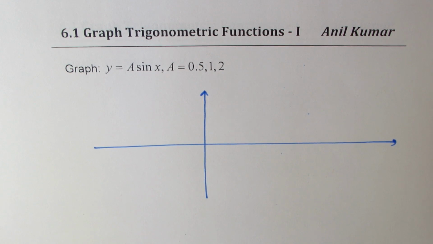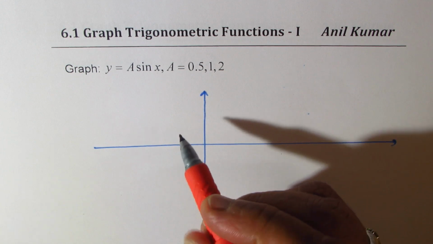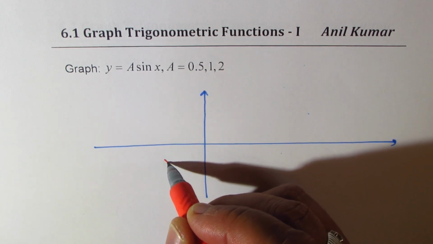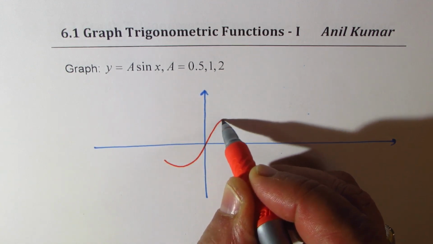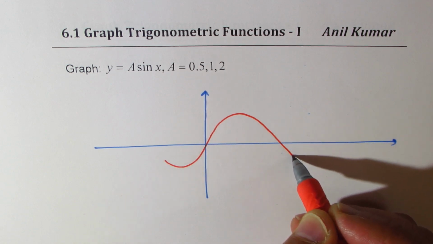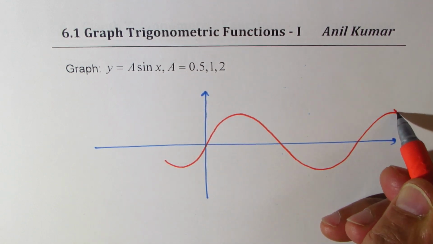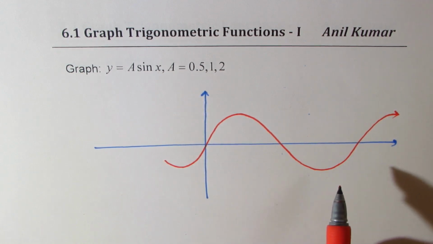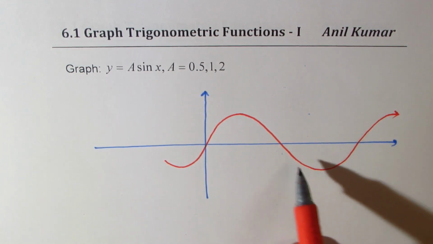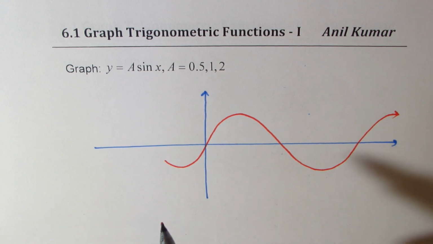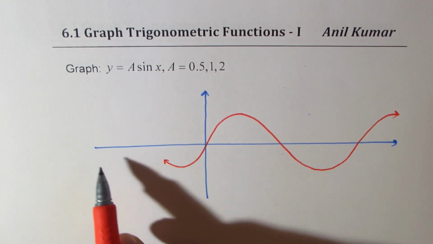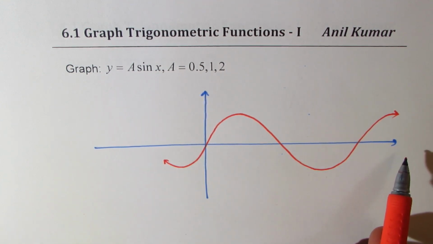These are periodic functions. Let me sketch like this, just to show you that these are periodic functions. And so we should actually think about showing them as a wave which goes for the domain of x real numbers, right?